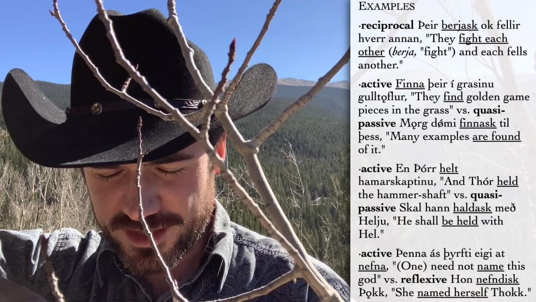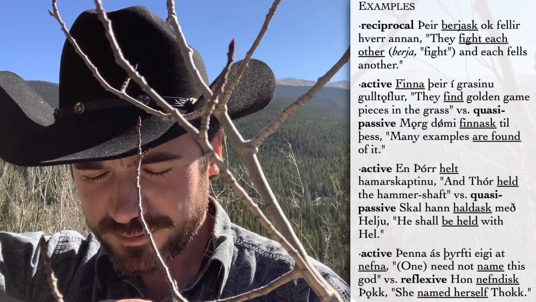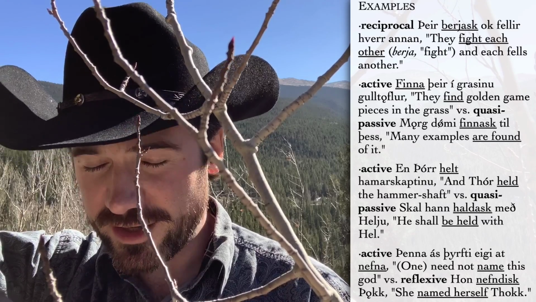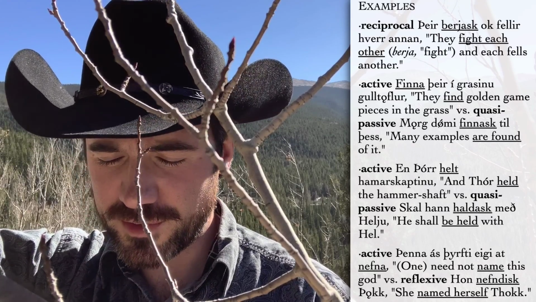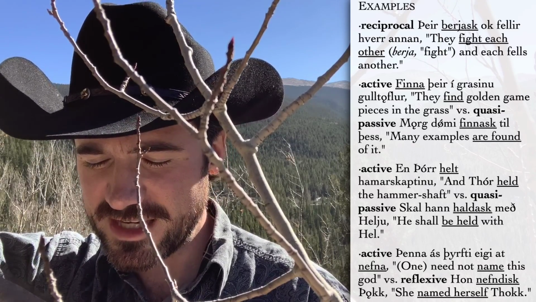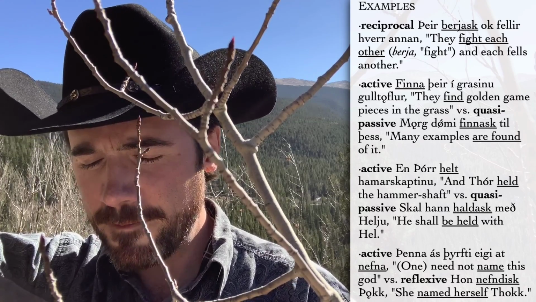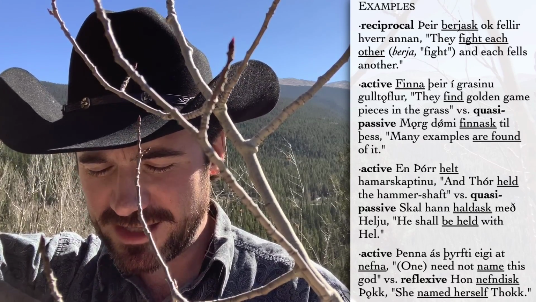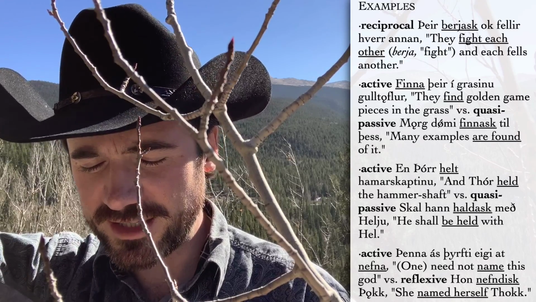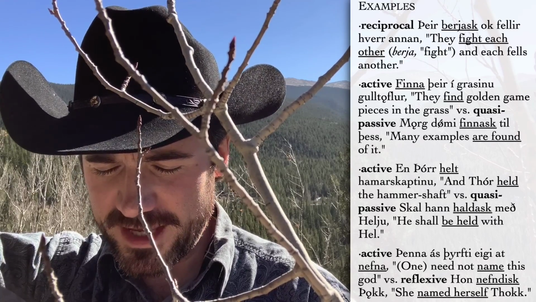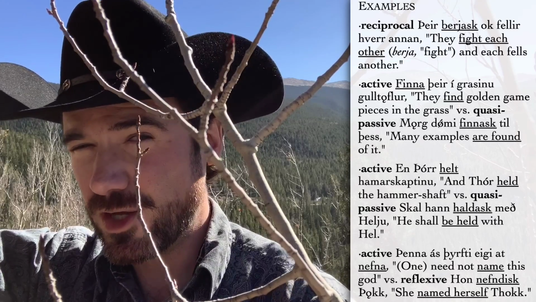Another thing that's pretty close to a true passive, halda means hold. It takes a dative direct object, by the way. So when you look at something like en Thor helt hamarskaptinu, but Thor held the hammer shaft, that's normal active. Add the sk and you get something like skal hann haldast með helju, he shall be held with hell.